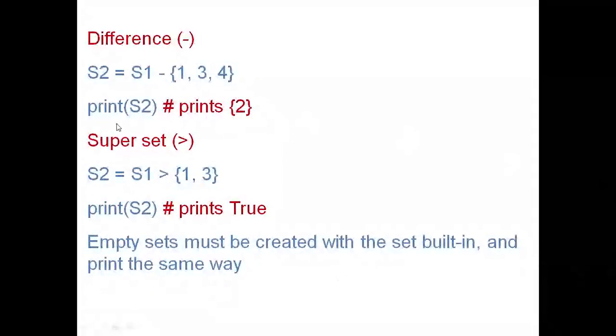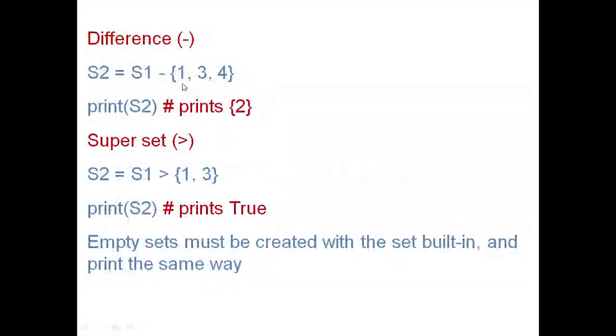Difference. When I have 2 sets, S1 and S2, and I want to find the elements in S1 which are not in S2, then I will say S1 minus S2. Now in this example, we have a set S1 which contains 1, 2, 3, 4.